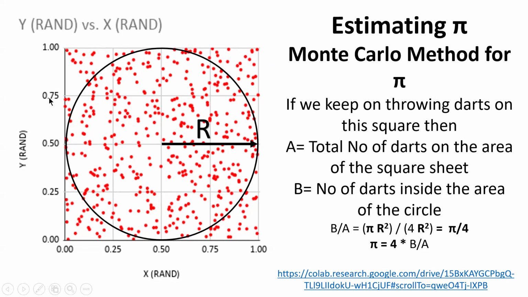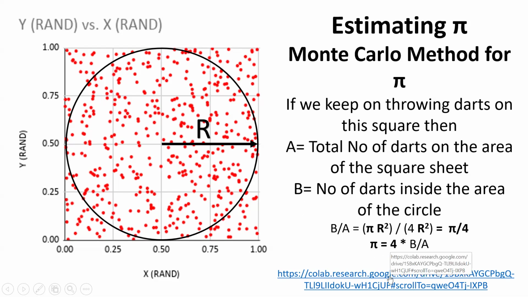Suppose the total number of darts on the square sheet is A, and the total number of darts inside the circle is B. The darts inside the circle divided by the darts on the square sheet will be pi R square upon 4R square, and if I know that ratio, I can know the value of pi. Taking 4 to the other side, pi equals 4 times B by A, that is the total number of darts in the circle area upon the total number of darts thrown onto the sheet.